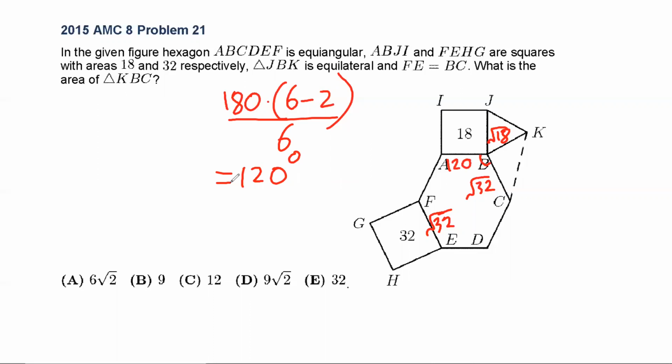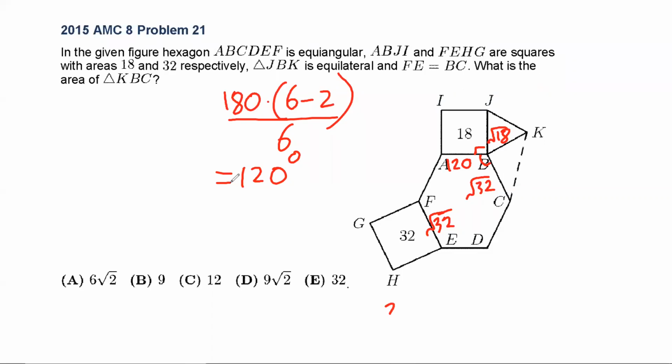So angle JBA is obviously 90 degrees, and they tell us that JBK is 60 degrees. So to find out what angle KBC is, we subtract all of those angles from 360 degrees.